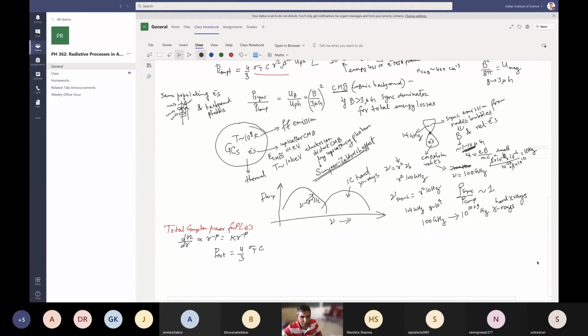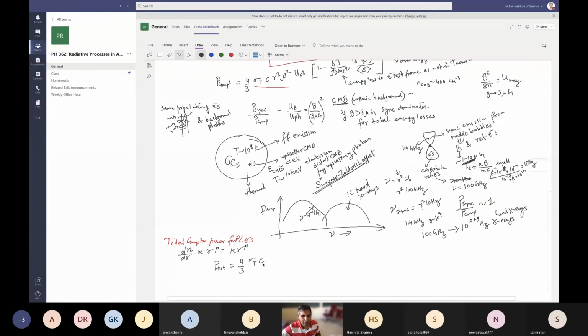Okay, so if we have this power law distribution, let me first write down the general formula and then substitute the specific thing.